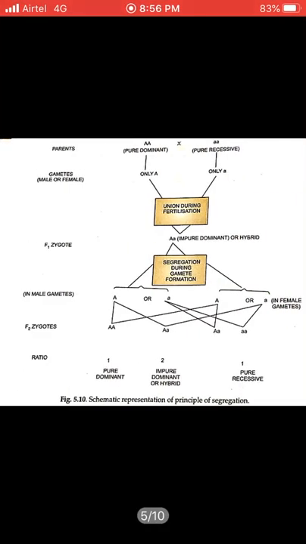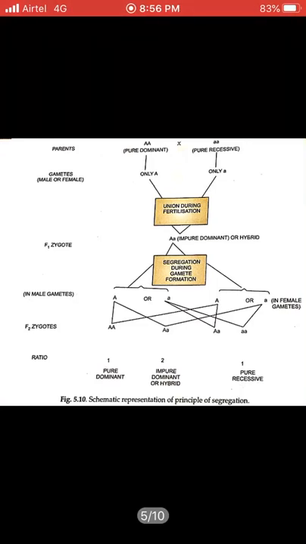Now coming to these flowers, one has axial flowers and one has terminal flowers. When they are crossbred, the dominant character is shown, and then it is crossbred again. Again, if the dominant character is there, the plant shows the dominant set of characters.